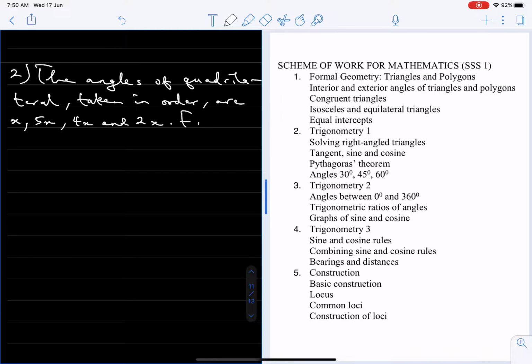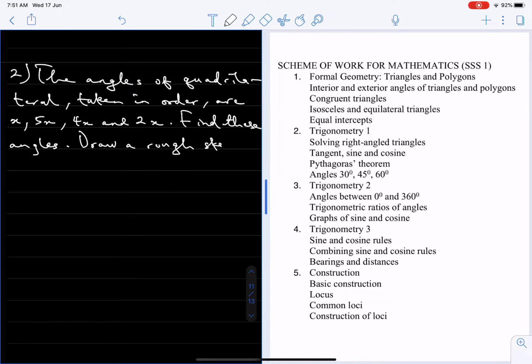Full stop. Find these angles. There's another question.